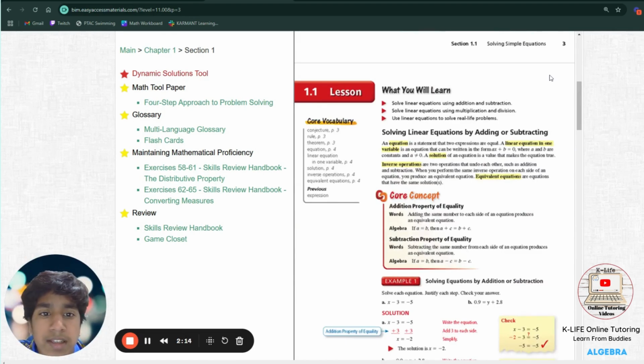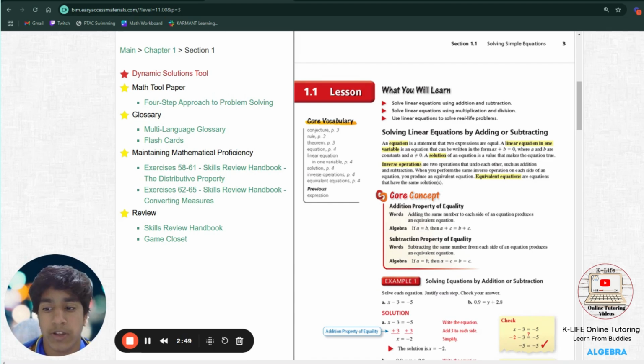In this lesson, you'll learn to solve linear equations using addition and subtraction, and also using multiplication and division. An equation is a statement that two expressions are equal. If you have A and you have B, and they are equal to each other, you can say A equals B. Or if you say x plus 10 equals x plus 10, that's an equation.